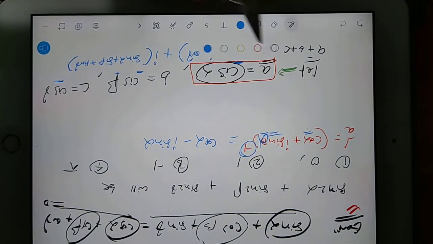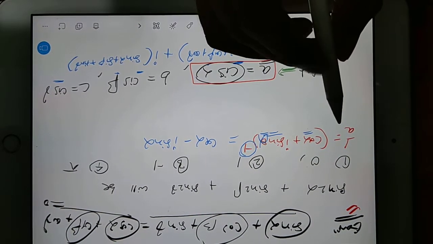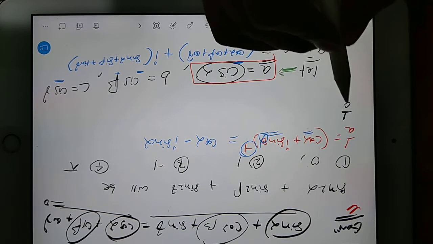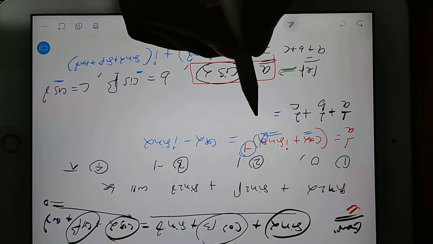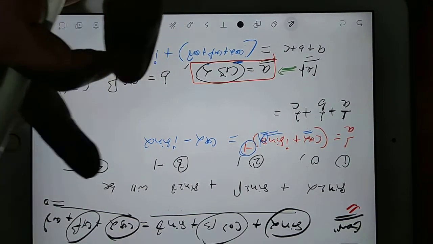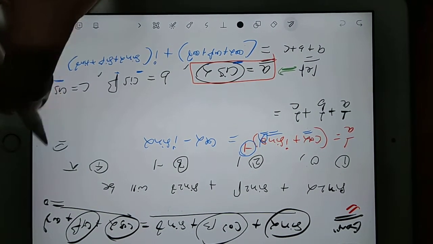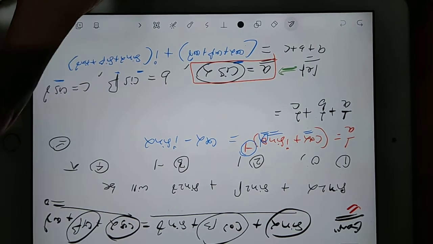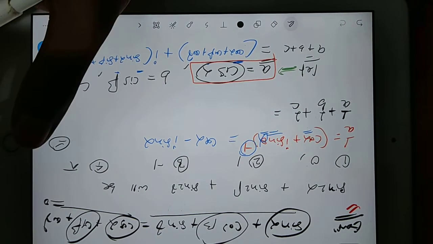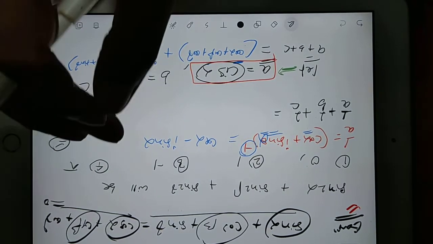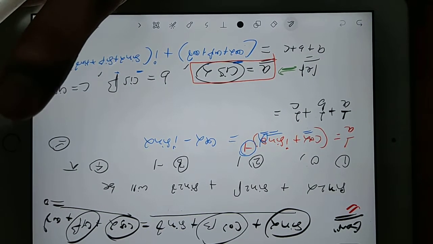In the same way, if I want to find the addition of 1 by A plus 1 by B plus 1 by C, see, actually this is a kind of practice question. When you go to the complex numbers chapter, you will have some similar questions which you can solve using De Moivre's theorem.